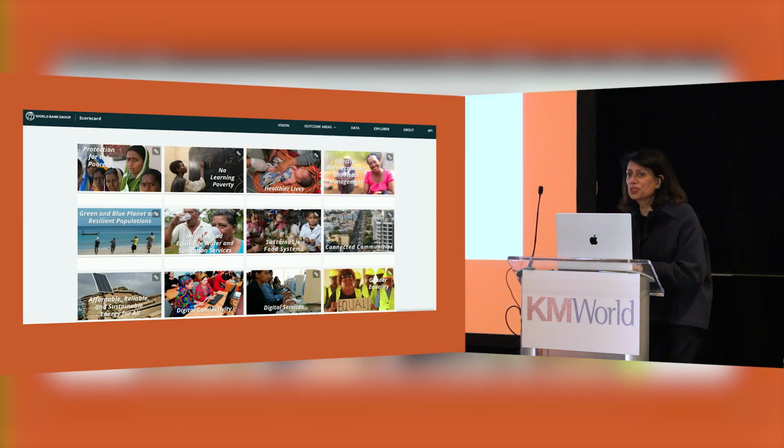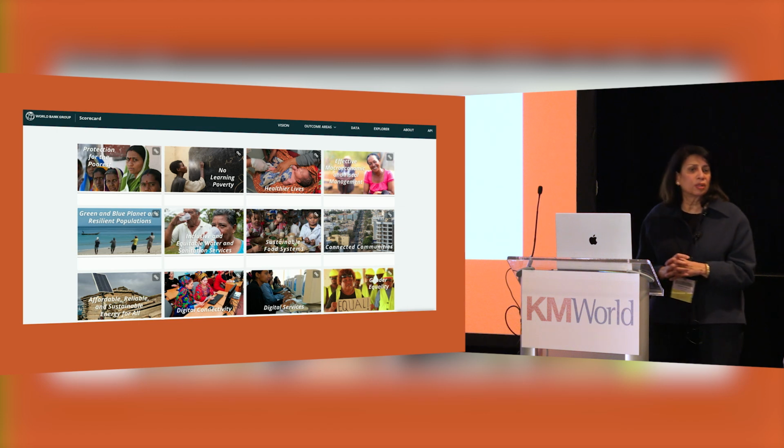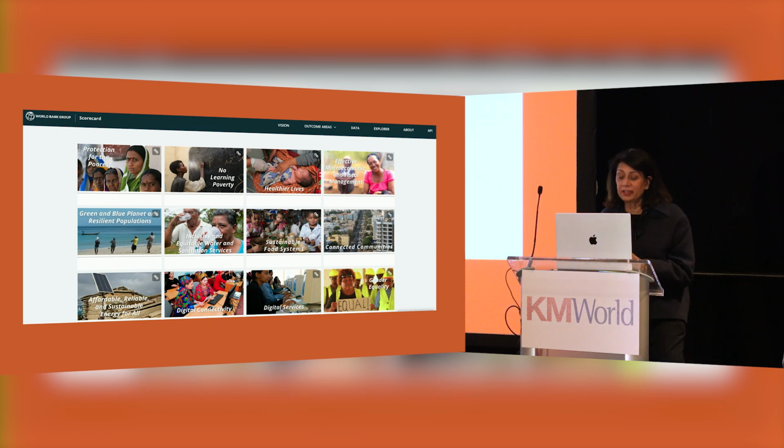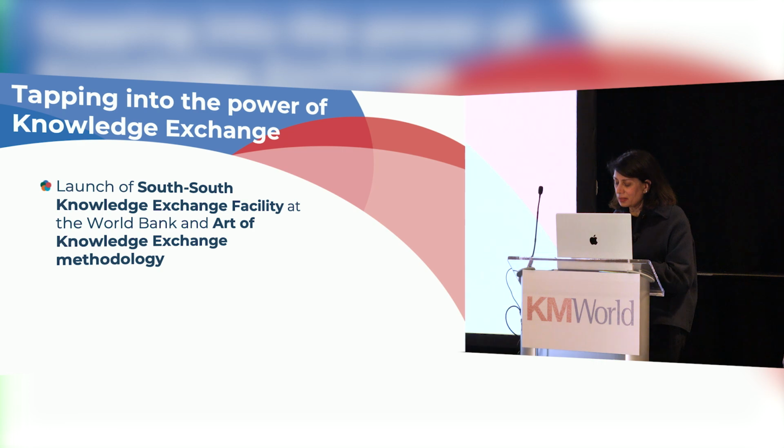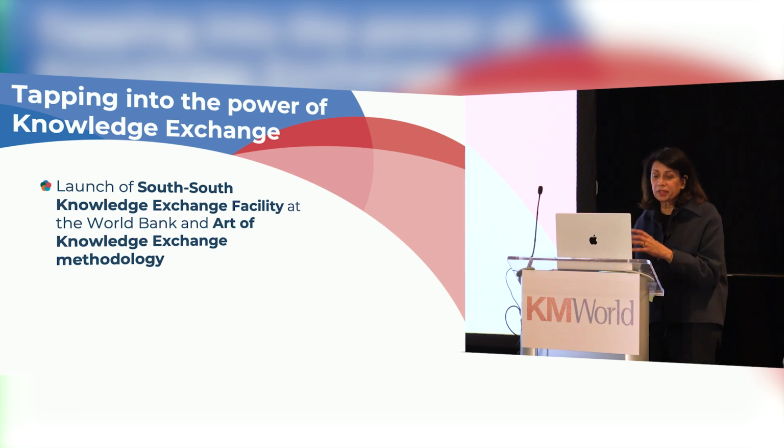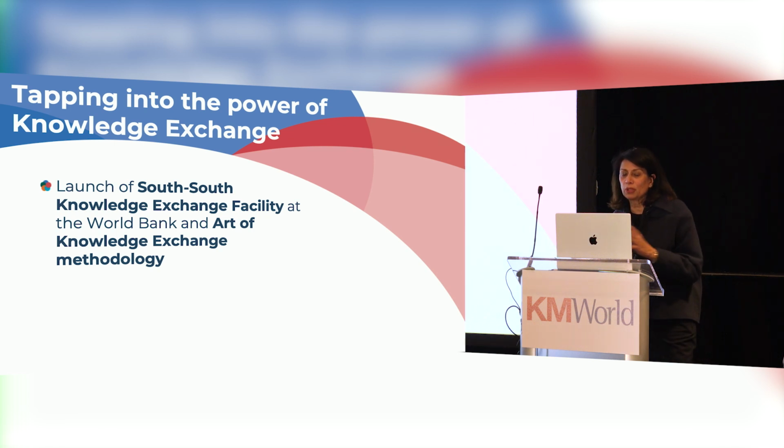In the early 2000s, the World Bank, with its evolving role as a global connector, started the South-South Knowledge Exchange Facility because it wanted to consolidate its role further to connect practitioners to global knowledge.